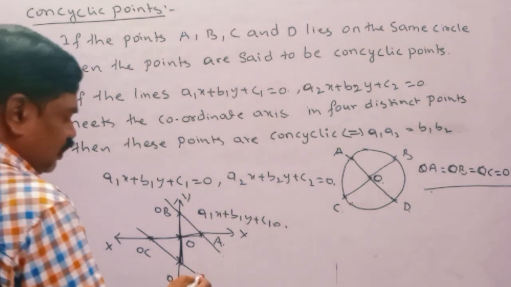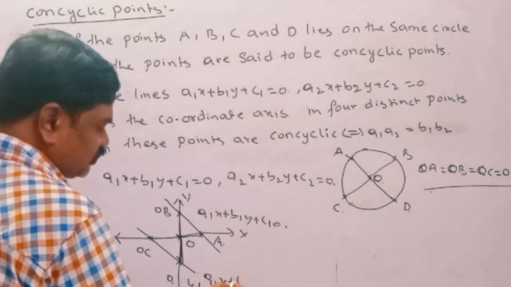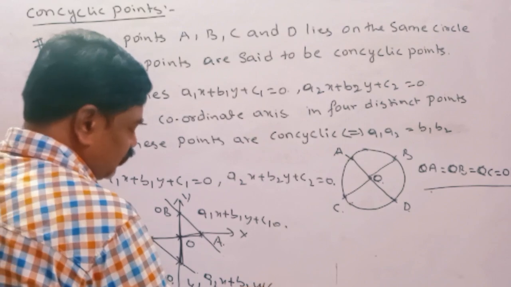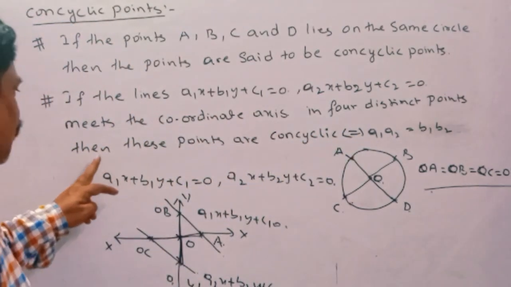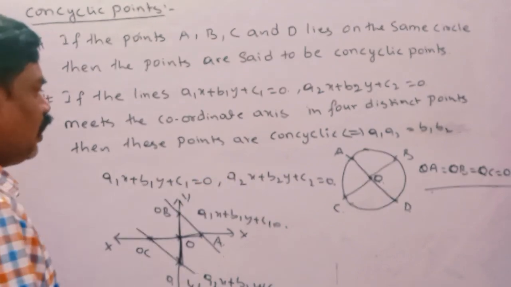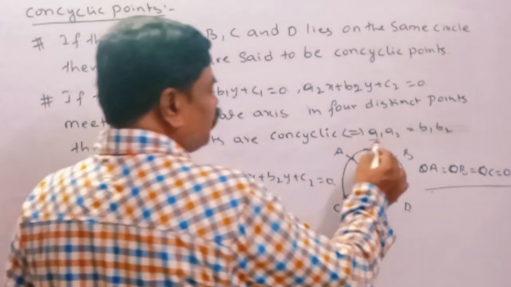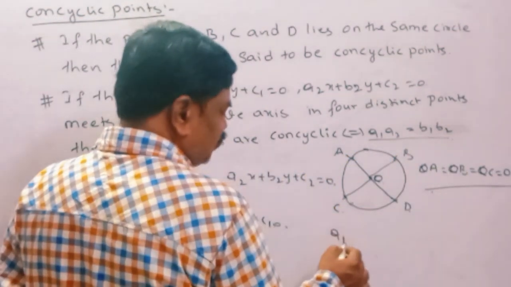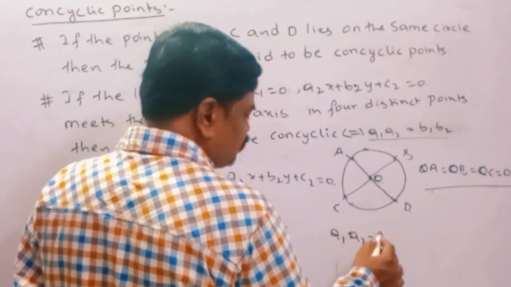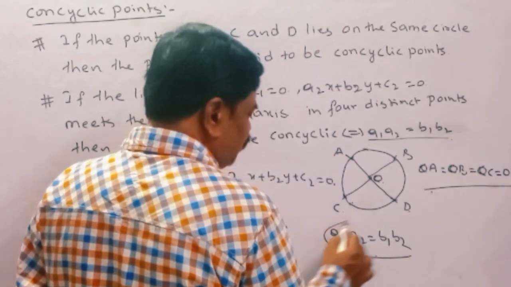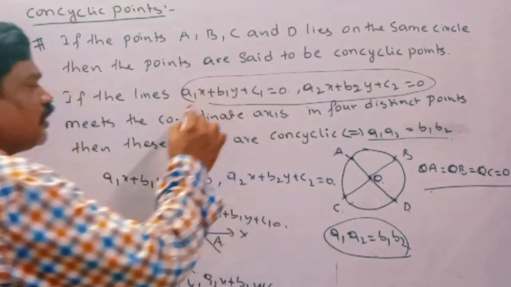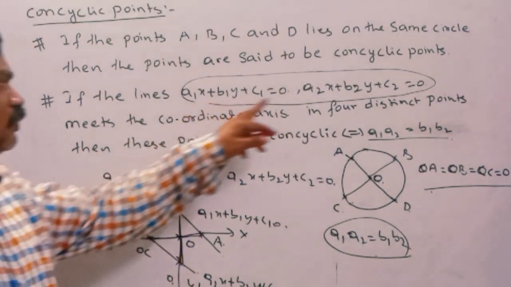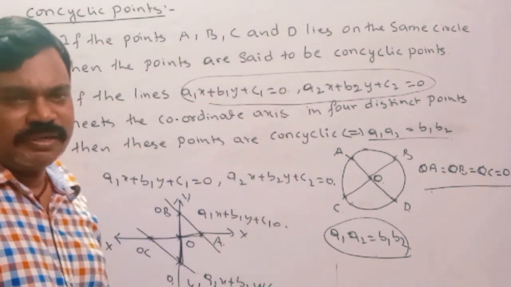If the condition a1a2 is equal to b1b2 holds, then these 4 points are concyclic.